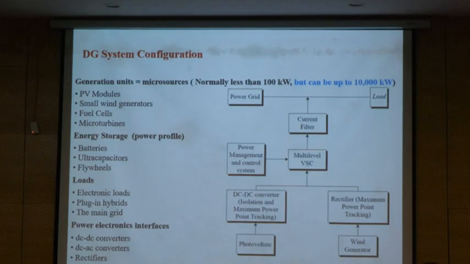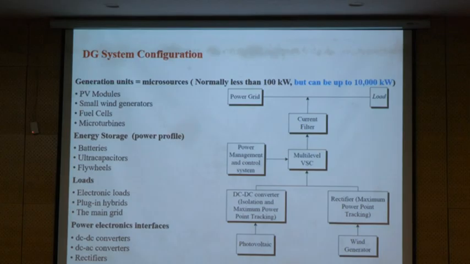So, when we have this type of technique, the network is a combination of three main parts. First is the grid, second is loads, and third is the DG system. It should be balanced between these three parts. Anything happening in any of these sections, then the system will be unbalanced and problems will appear.